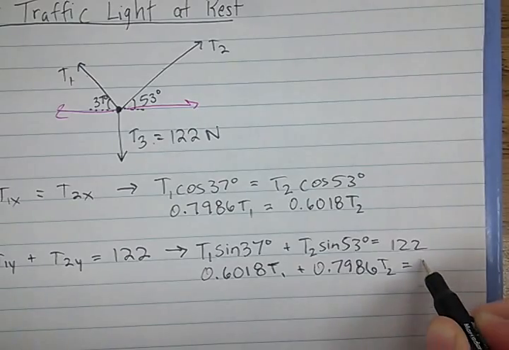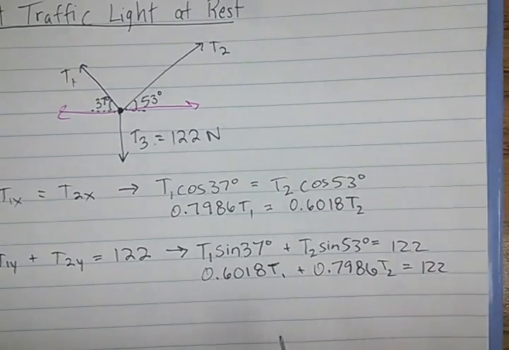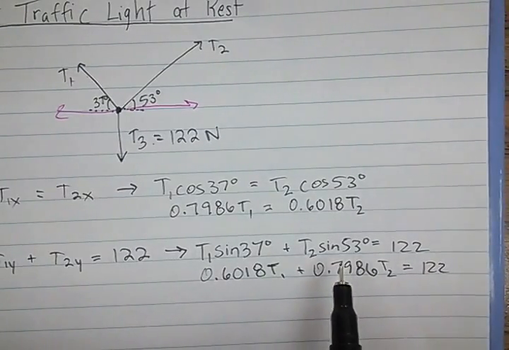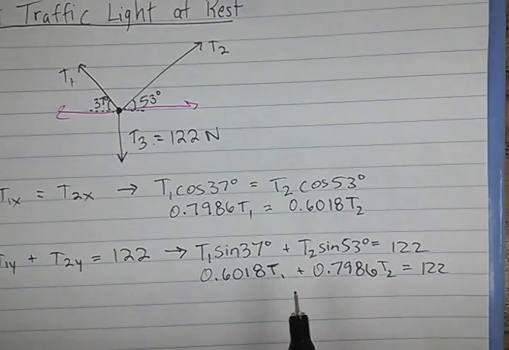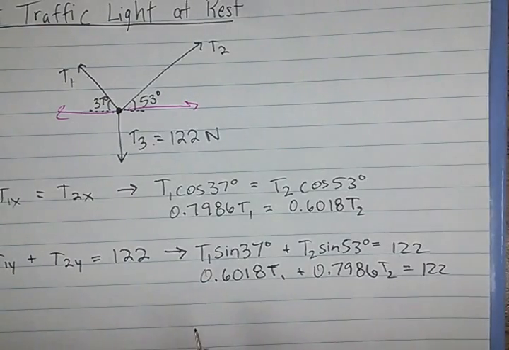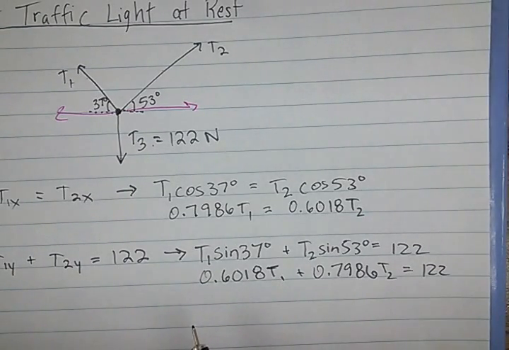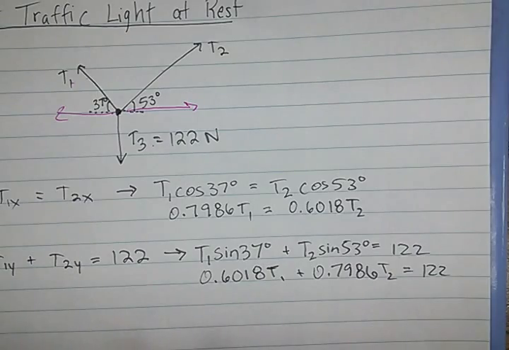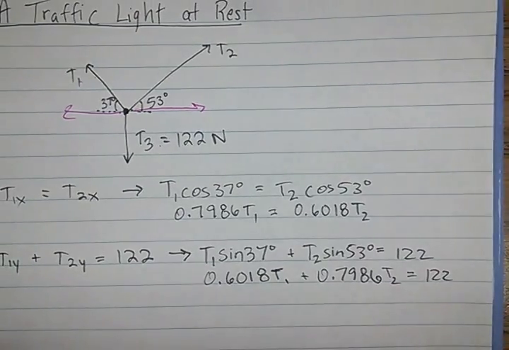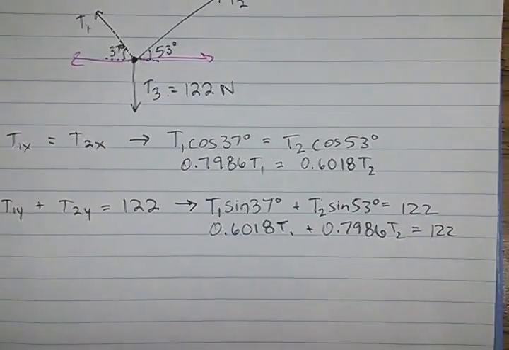Now these numbers should be looking familiar, and the reason is 37 and 53 degrees are complementary angles, so the sine of one complementary angle is equal to the cosine of its complementary angle. Anyway, just some reminders of trig.